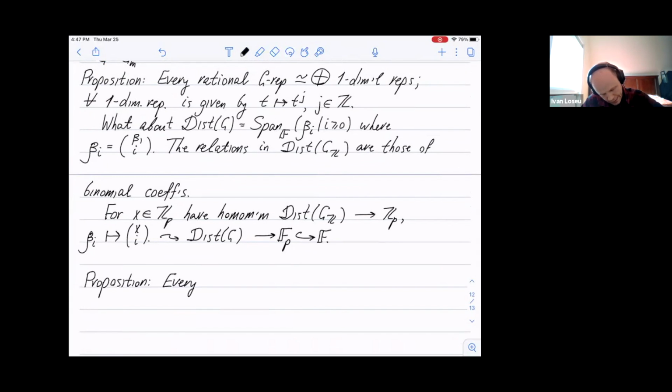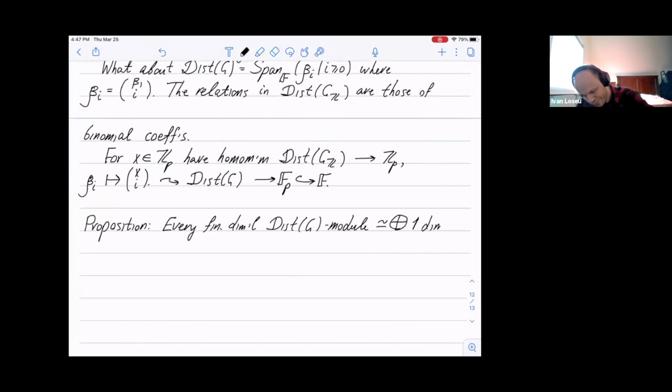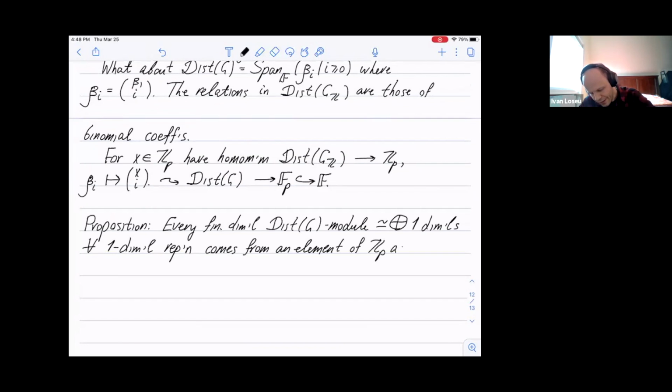So every finite dimensional Dist(G) module is isomorphic to a direct sum of one-dimensional ones, and every one-dimensional representation comes from an element of the p-adics as above.